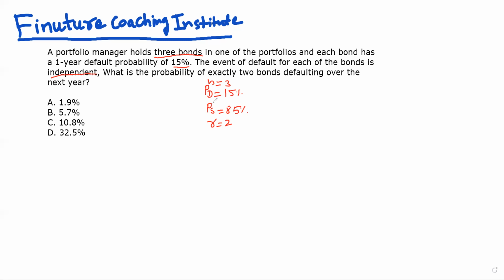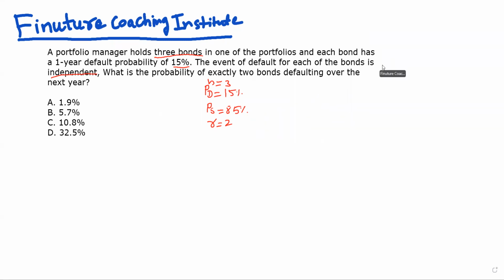But the way I would like to explain it is, say for example, in the exam you have forgotten the formula of binomial distribution. If the probability understanding is very clear, then also you can solve this problem. Let me explain how.